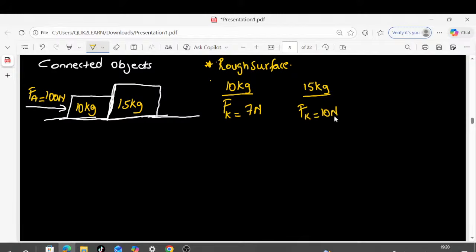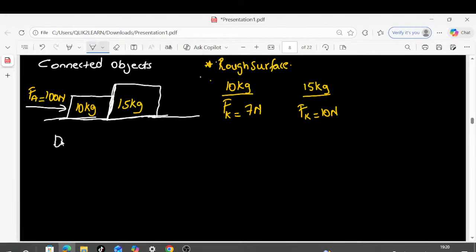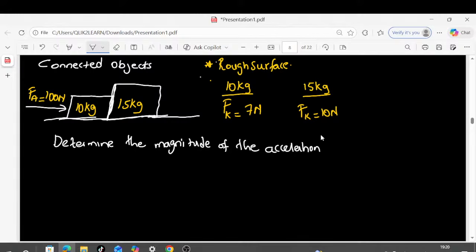Now the question says determine the magnitude of the acceleration. That's the first question.